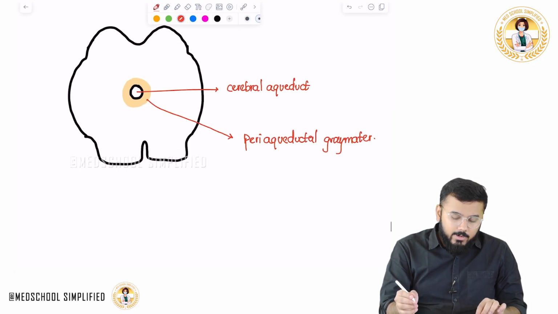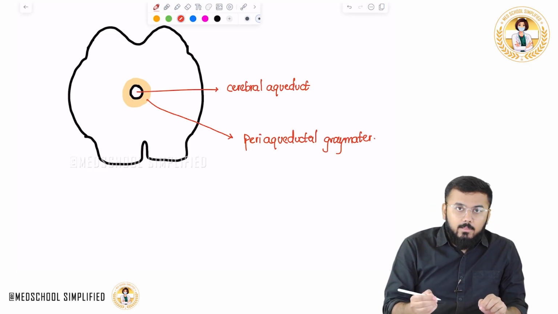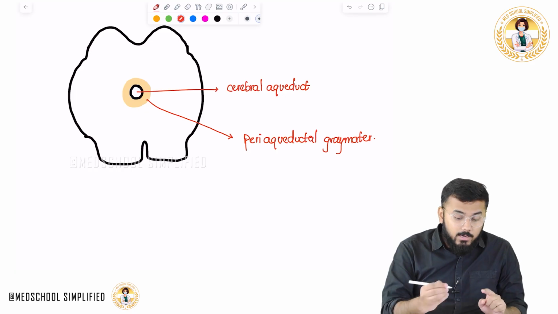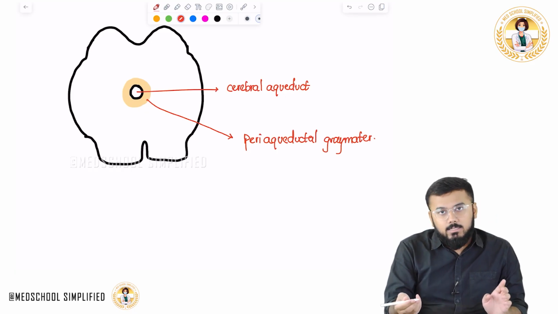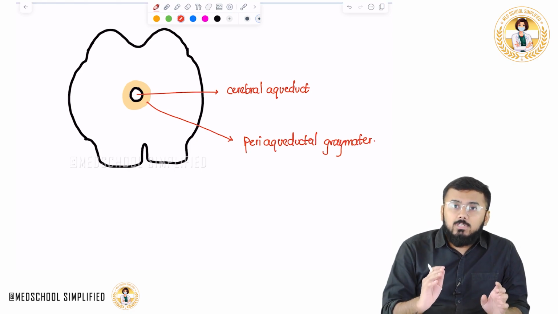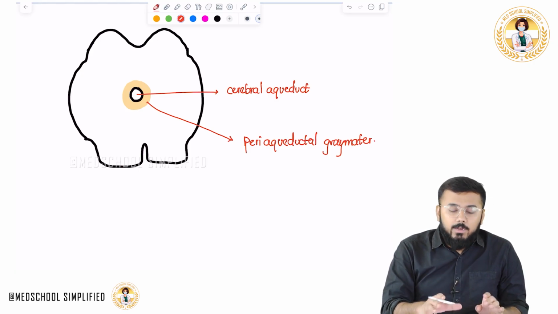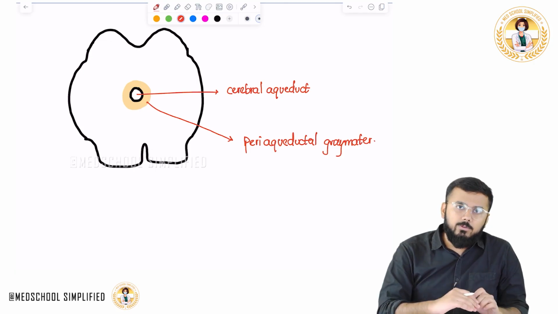Now in this periaqueductal gray matter, two important things you can see. In the center, do you have gray matter or white matter? In the center here I have got gray matter and the remaining outside here is the white matter. But when it comes to your cerebral hemispheres as well as your cerebellum, outside you have got gray matter, inside you have got white matter. But here it is opposite. Inside you have got gray matter and outside there is white matter.